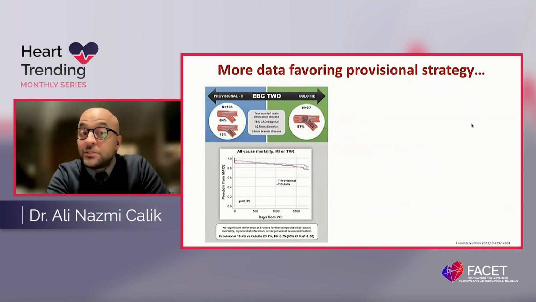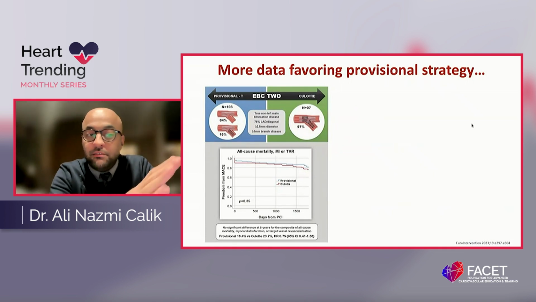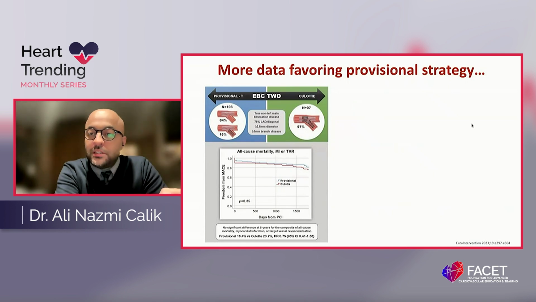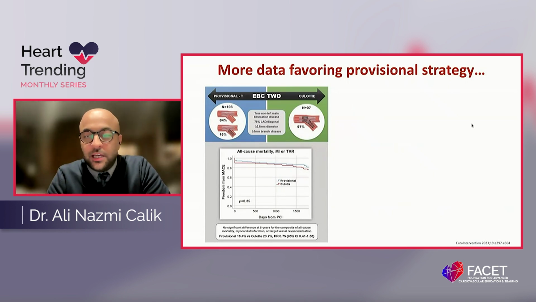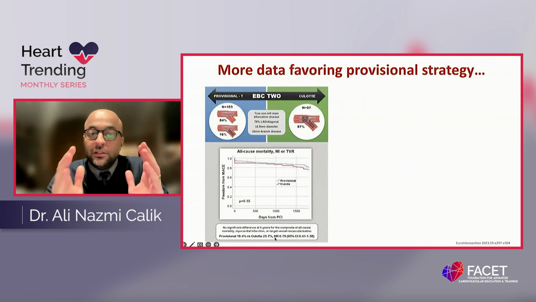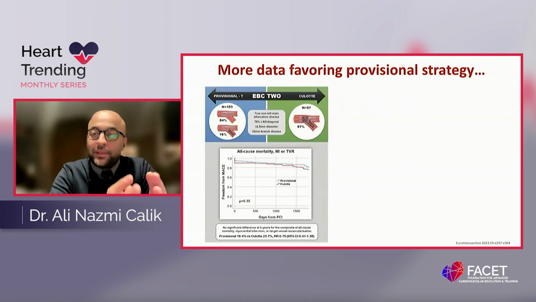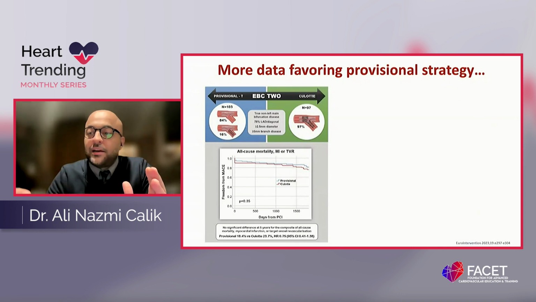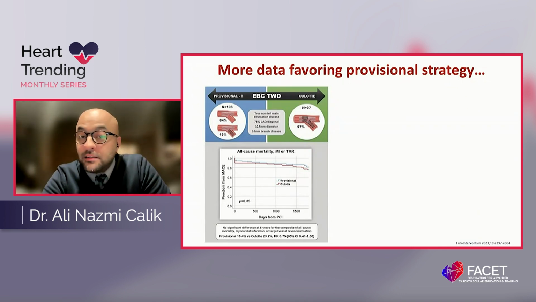The 5-year results of the EBC2 trial, which compared provisional strategy with systematic culotte stenting, showed no difference between two techniques when applied to the LAD, the diagonal, or let's say non-left main bifurcation PCI.